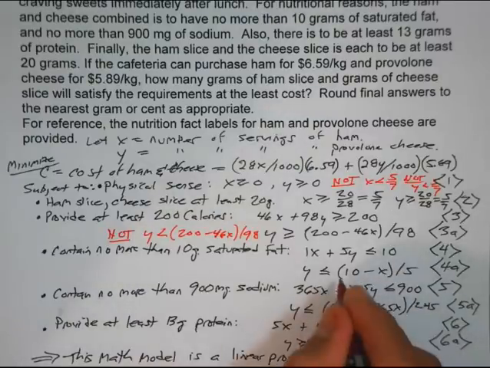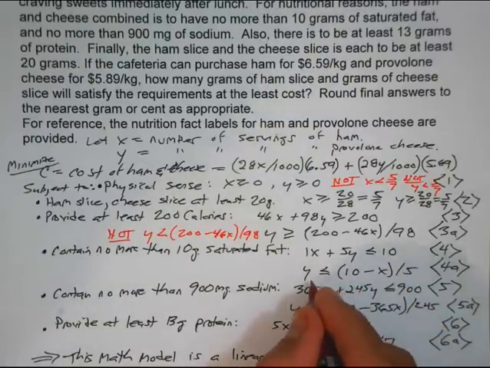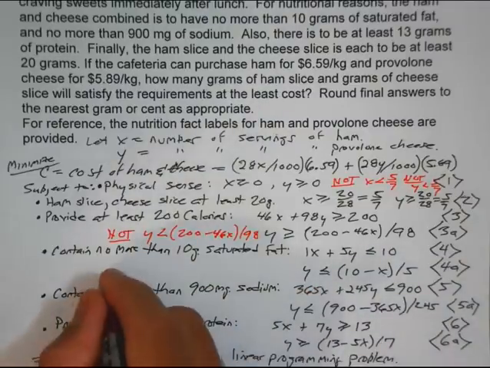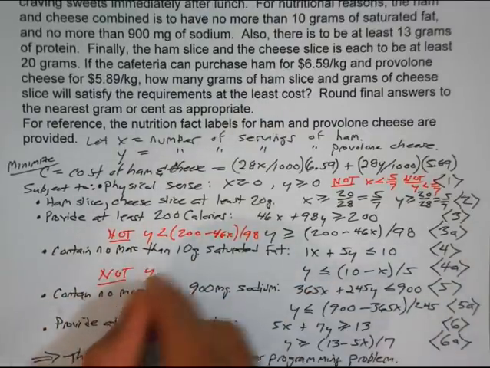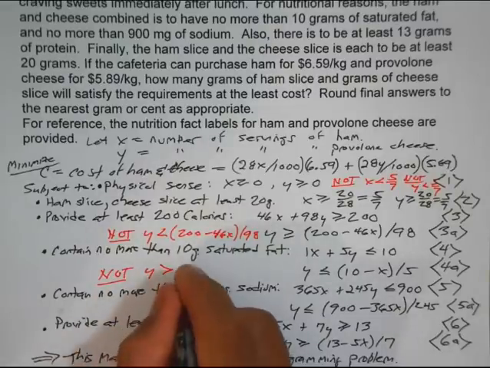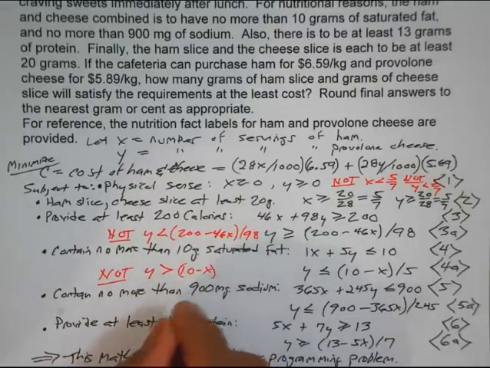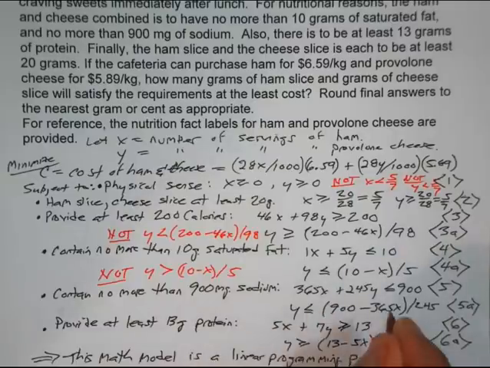Okay, this one, when we graph the solutions here, as far as graphing the rejected cases, in other words, not y greater than 10 minus x divided by 5.